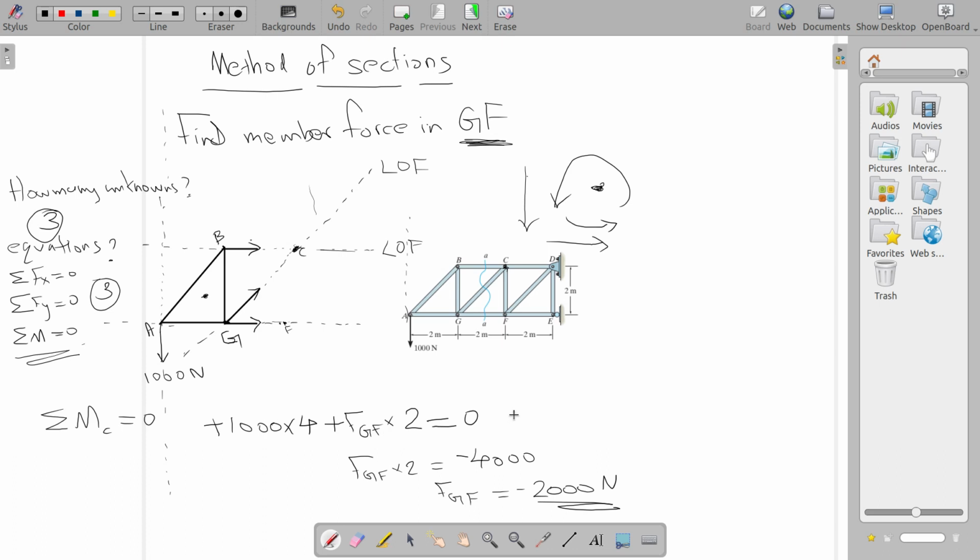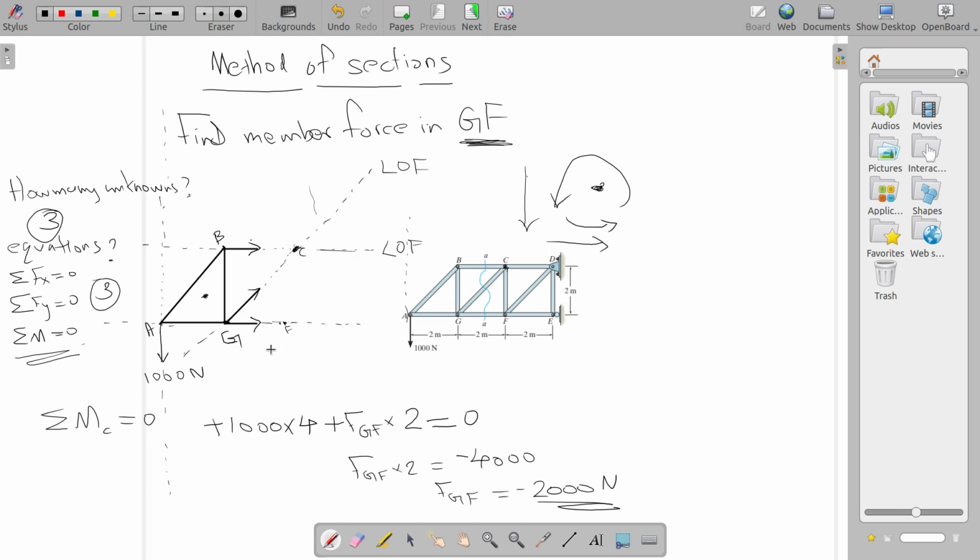Okay. So like I told you, if in the question you are being asked to calculate BC, you would choose this point because these two forces will be gone. But if you were being asked to calculate GC, then there is no common point through which BC and GF are passing.